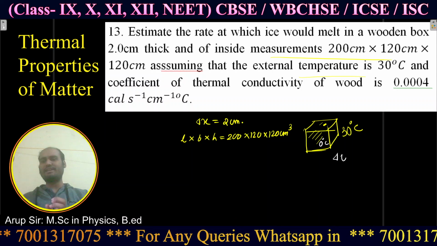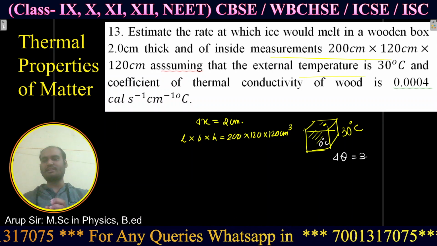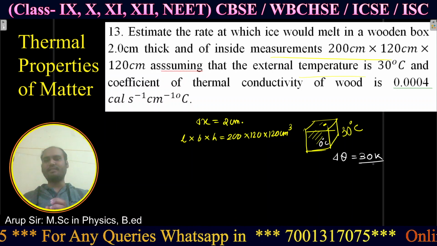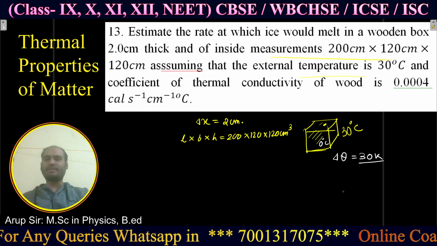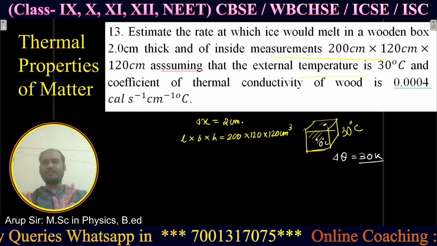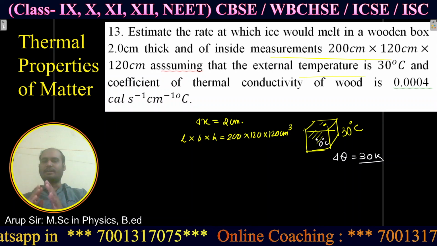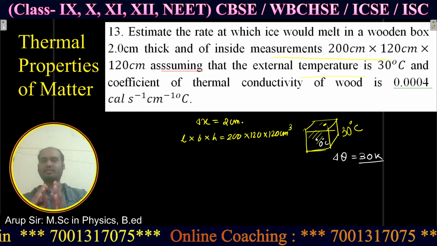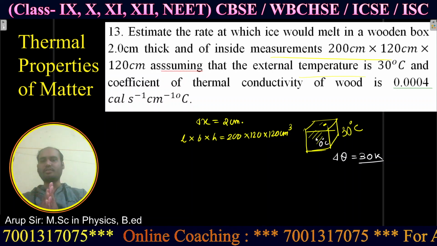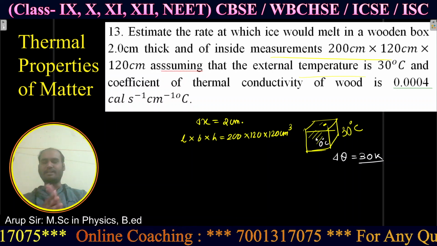So what is the delta theta, meaning the change in temperature? 30 degree, 30 Kelvin. This is the change in temperature. Now what is the surface area? It is not a cubical box, it is a cuboidal box, because length, breadth and height are different.